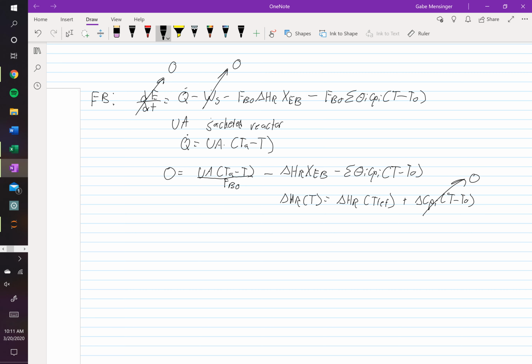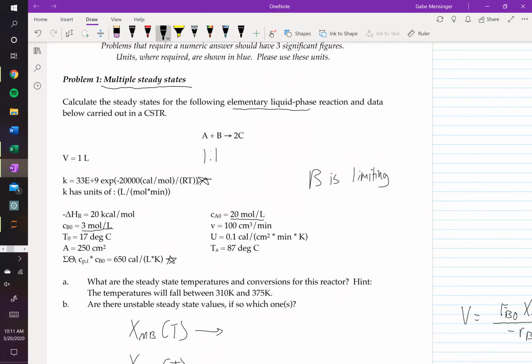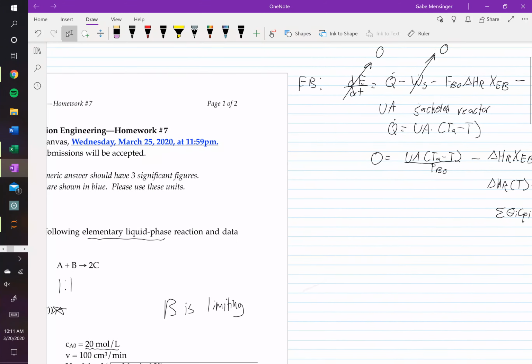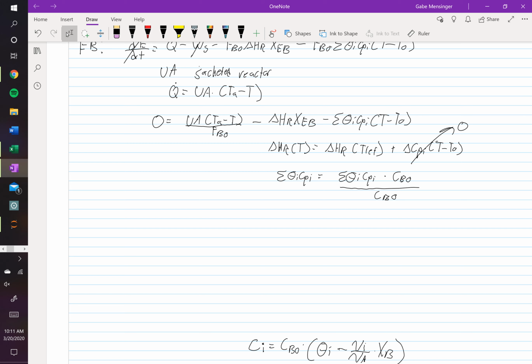For this sigma theta I CPI term, we're given this term right here times CB naught. So basically, this term is just going to be equal to what we're given, sigma theta I CPI times CB naught over CB naught. And we can solve this equation directly for our energy balance conversion as a function of temperature.